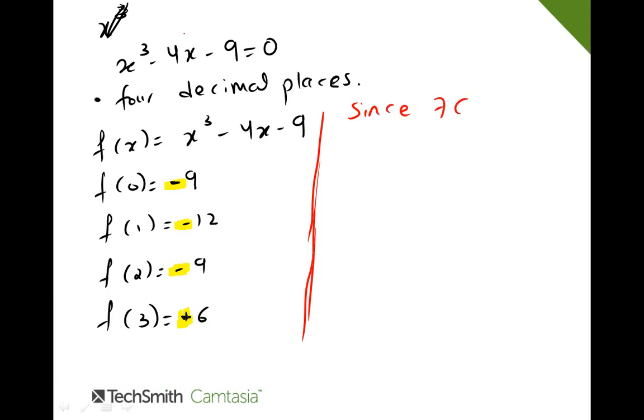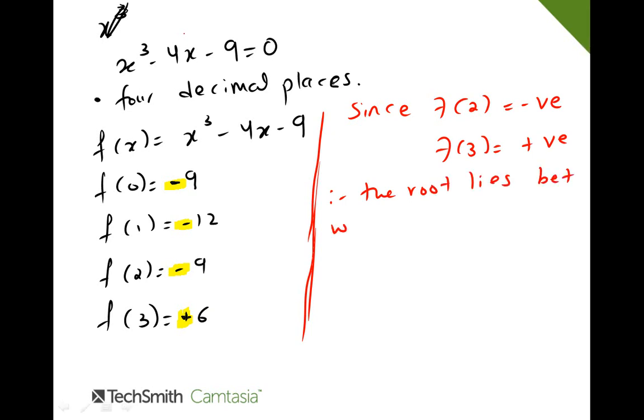Since I'm going to give you simple notes: f of 2 is negative and f of 3 is positive, then the root lies between 2 and 3.